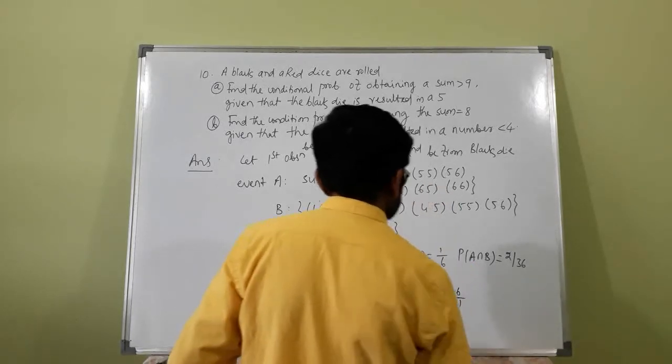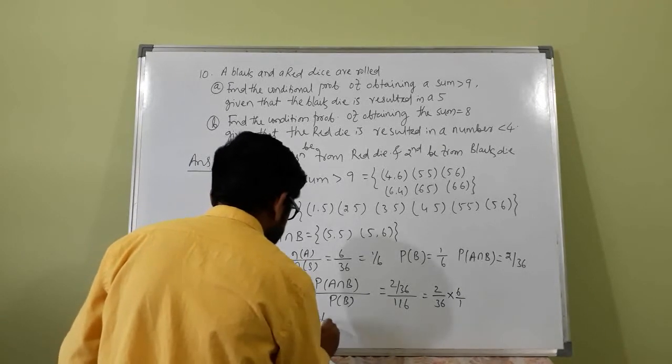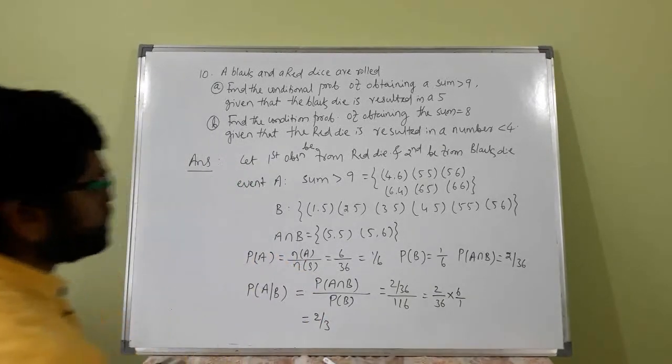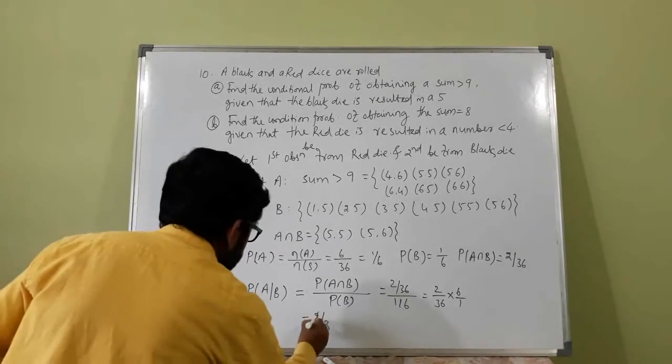So the required probability is 2 by 6. Make a correction there: 2 by 6 means it is 1 by 3, not 2 by 3.